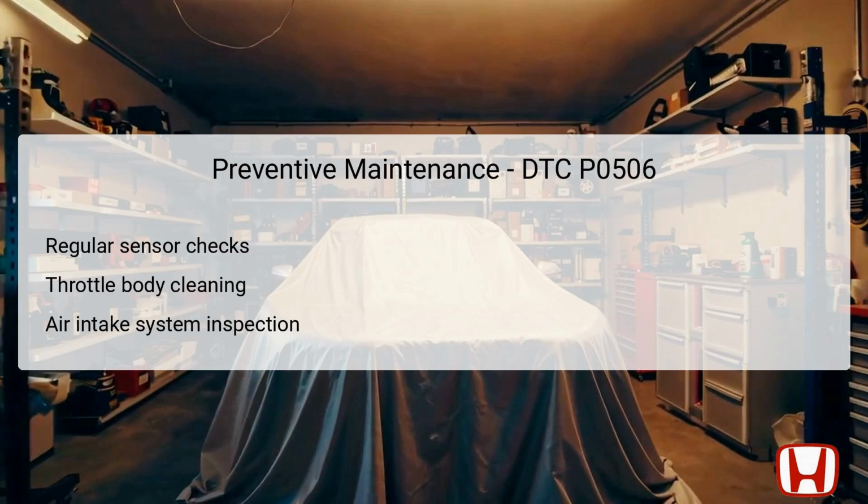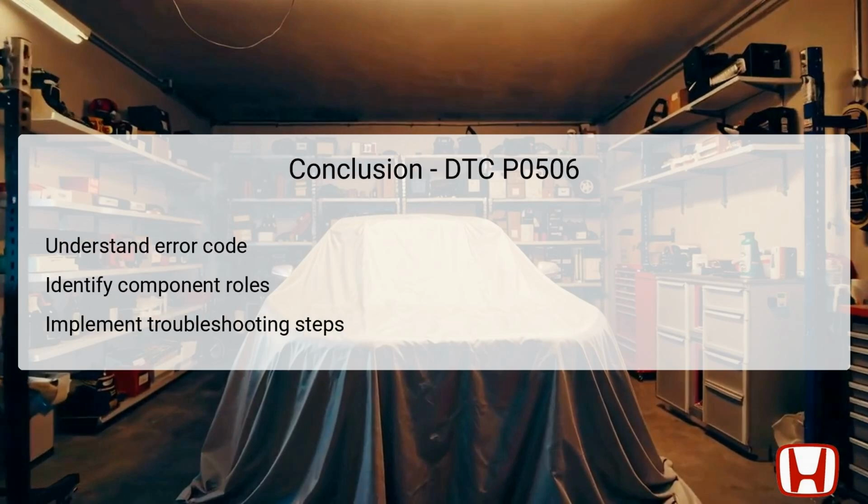In conclusion, understanding DTC P0506 is critical for effective diagnostics and repairs in Honda Accord models from 2012 to 2017. This DTC reflects a problem in the idle control system, with key components like the APP sensor, TP sensor, and the throttle body playing pivotal roles in regulating engine RPM.